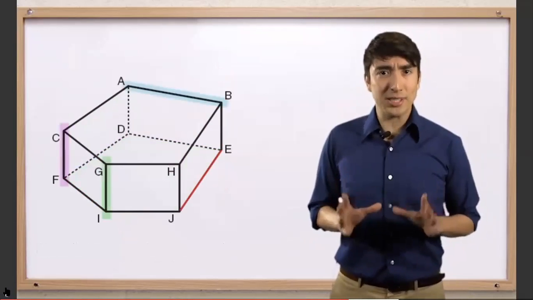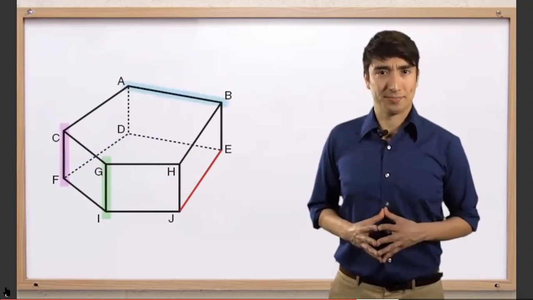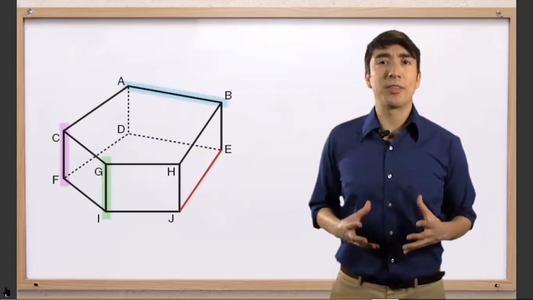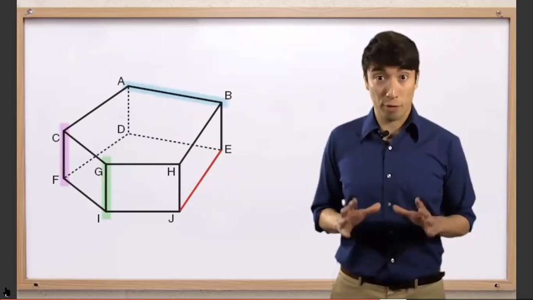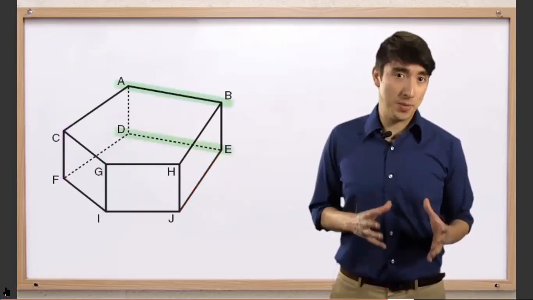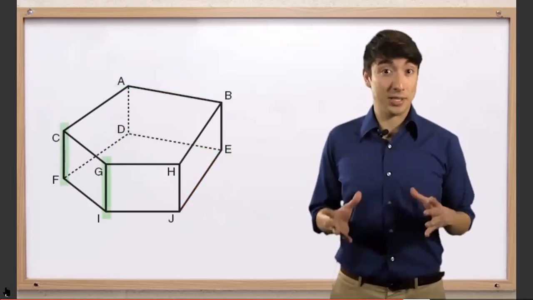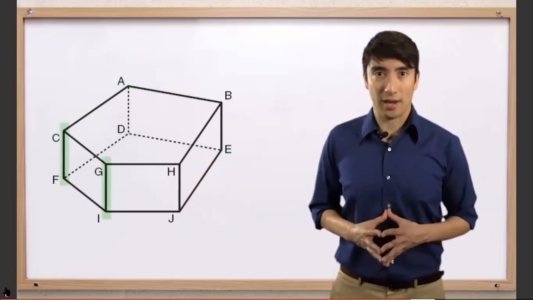Can you name 3 sets of parallel segments? As there are 10 sets of parallel segments, identifying 3 of them is quick work. For example, segments AB and DE are parallel. Segments CF and GI are parallel.